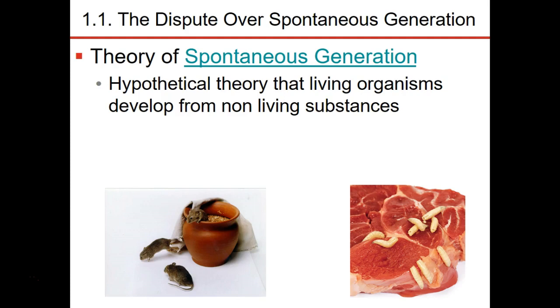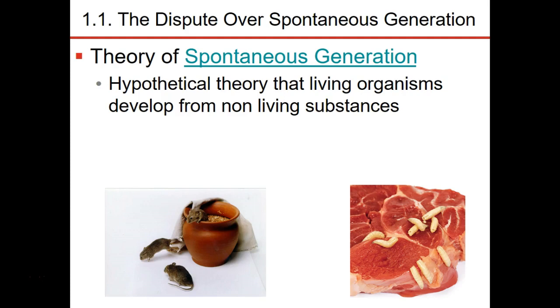Or, if you leave meat sitting out, eventually worms will start growing in the meat. They'll just spontaneously appear. So this is a theory, and a theory in biology is really as concrete as a law in most other areas.